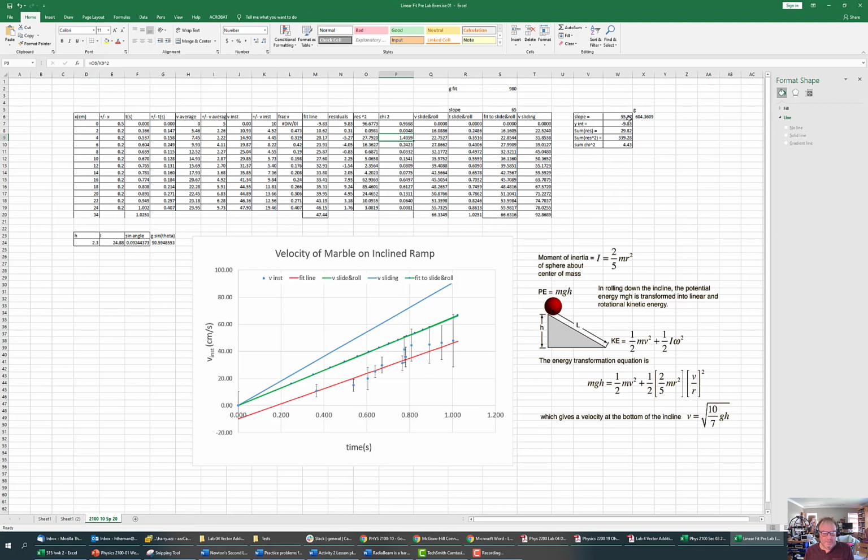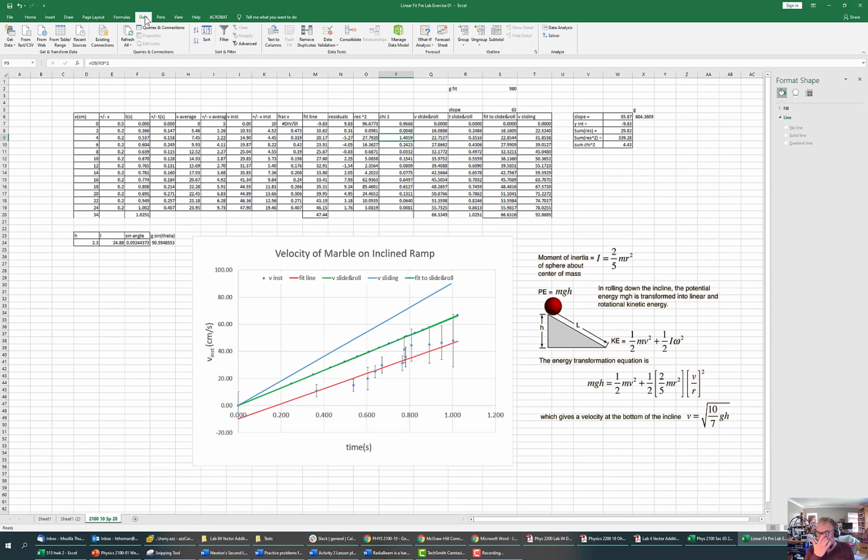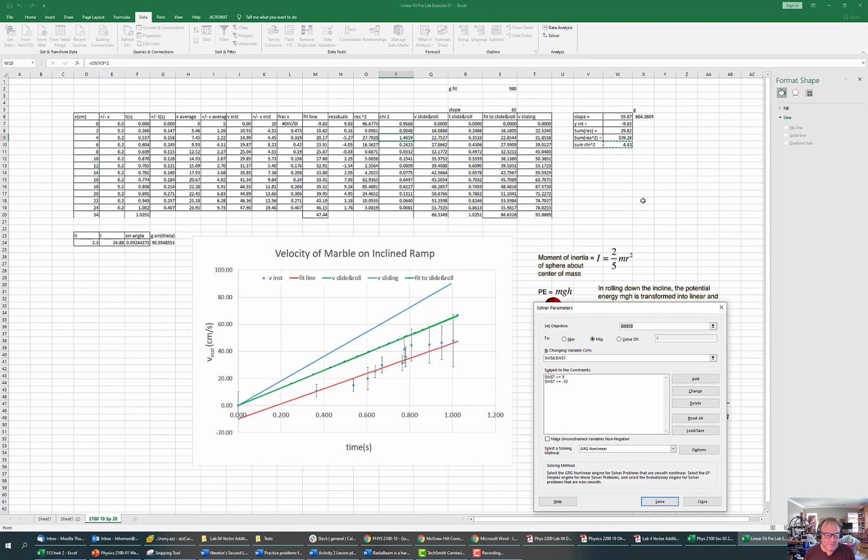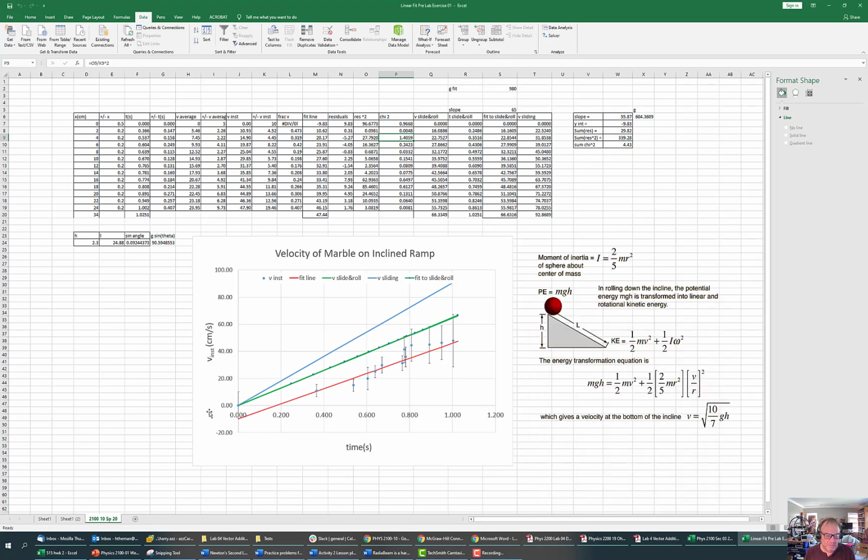Now, another thing here is I used, and I've got something like this for Google Sheets, I don't know if it's going to work, but we have this thing called a solver. And oops, I forgot something. So what I did in this case is I said, don't worry about forcing it into 0 here, because strictly speaking, we didn't measure 0.